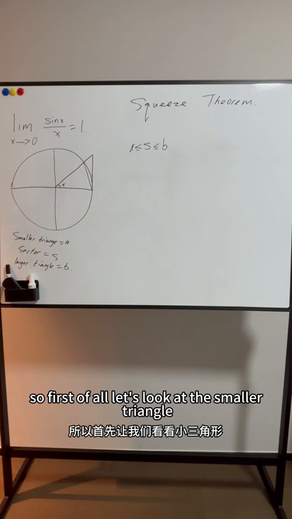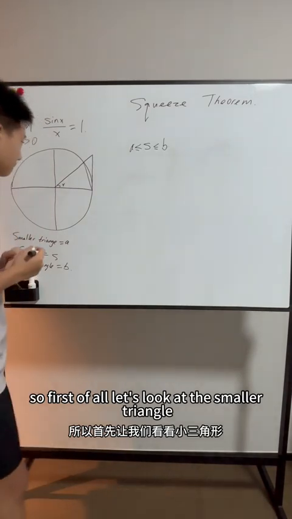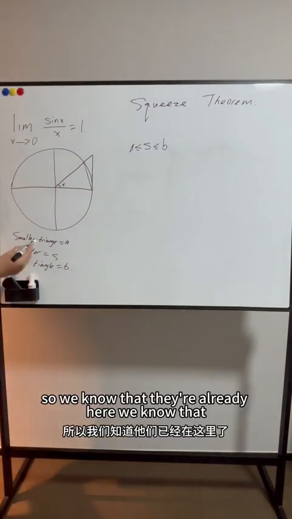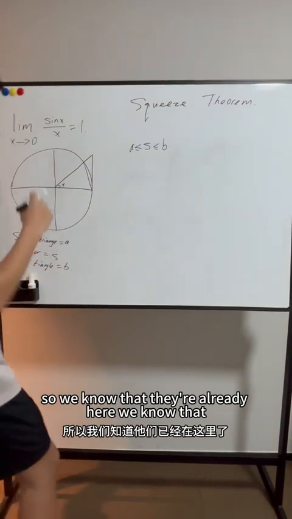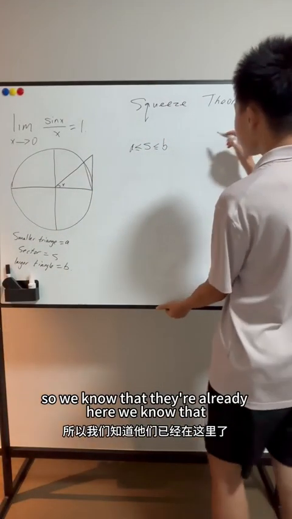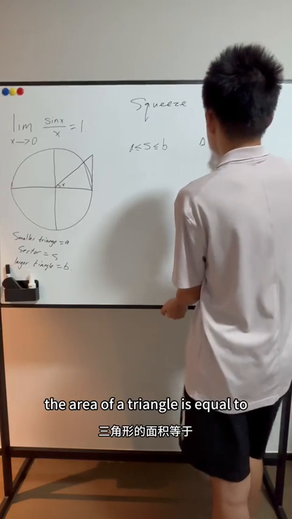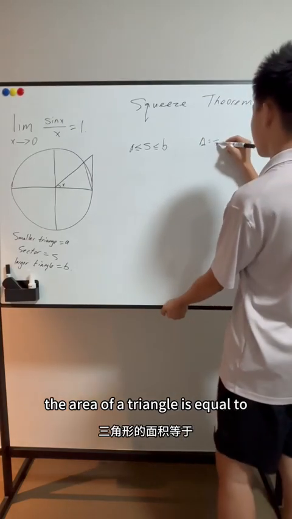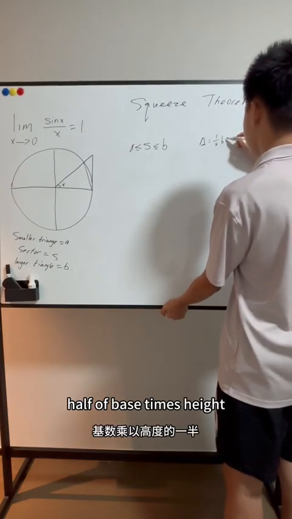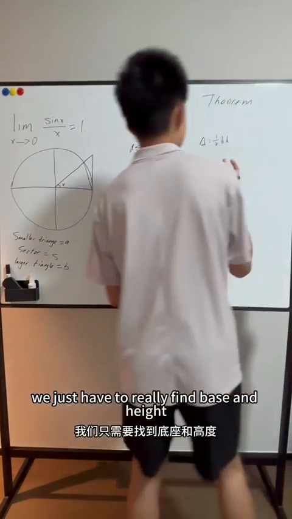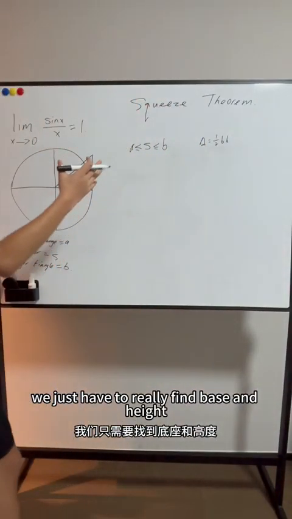So first of all, let's look at the smaller triangle. We know that the area of a triangle is equal to half of base times height. So we just have to find the base and height.